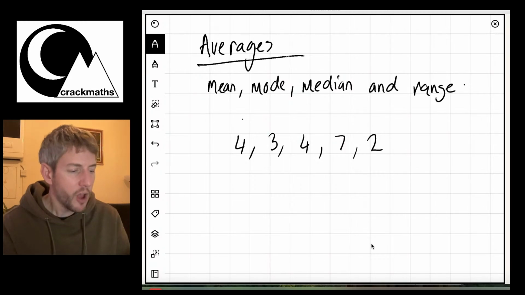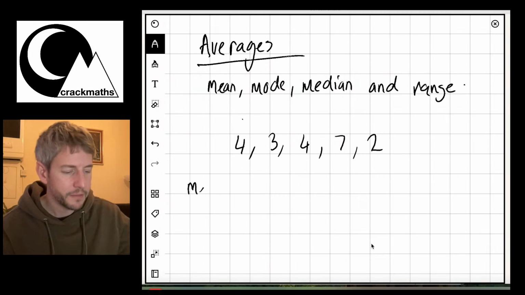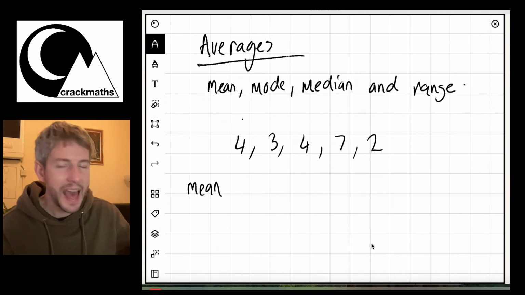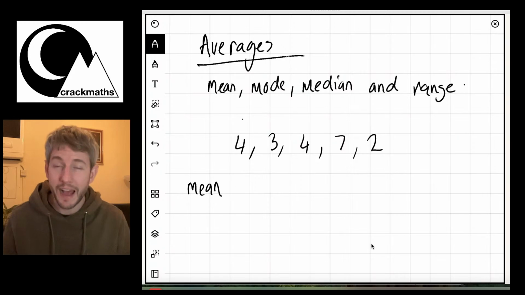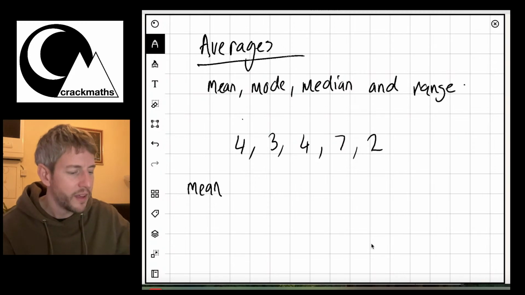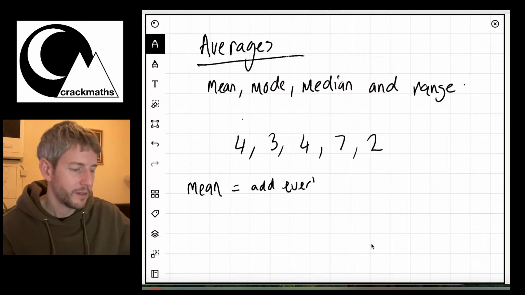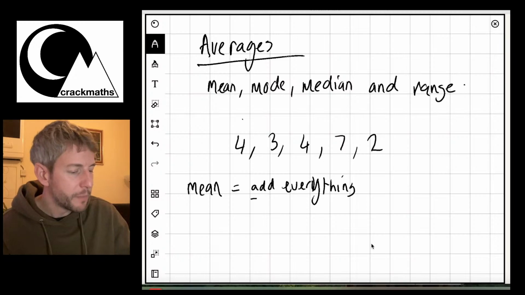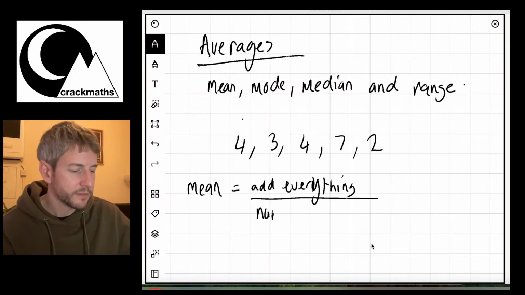Okay, so if I want to find the mean, the mean is the average which we think of as the average, and this is where we add everything together, and then we divide it by the number of things.